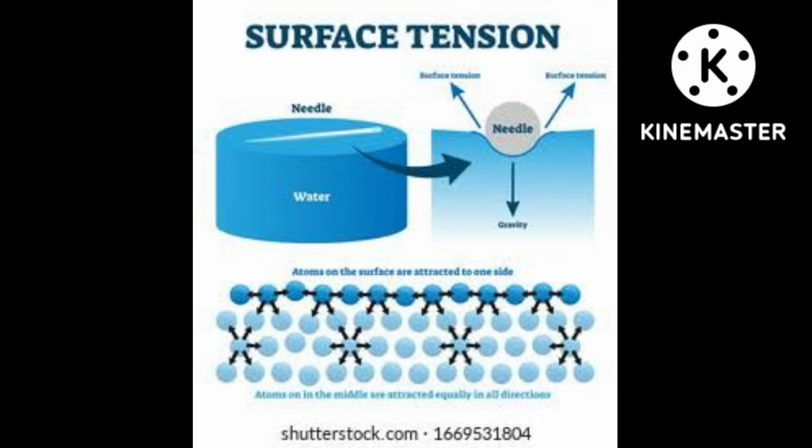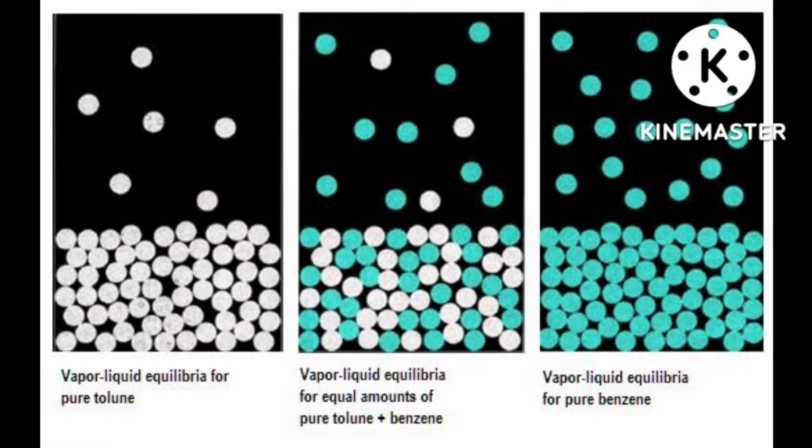If an evacuated container is partially filled with a liquid, a portion of liquid evaporates to fill the remaining volume of the container with vapor. Initially, the liquid evaporates and pressure exerted by vapors on the walls of the container, that is actually called vapor pressure.